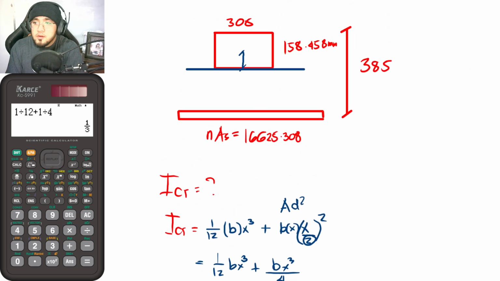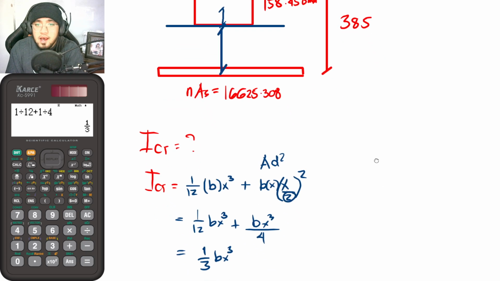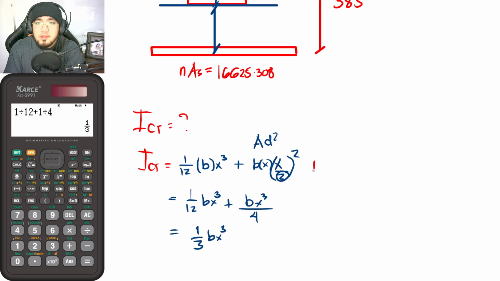But what about our steel section here? Since we do not know the value of B and we do not know the value of H, we can just transfer the total area to this location. So just add AD squared once again.